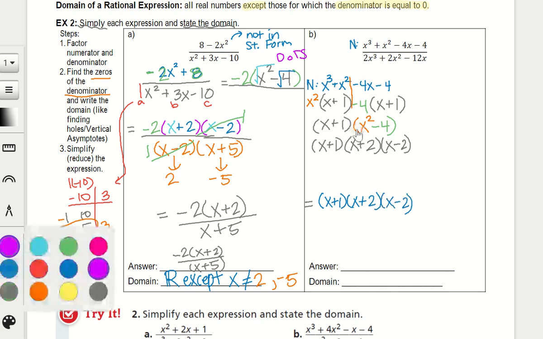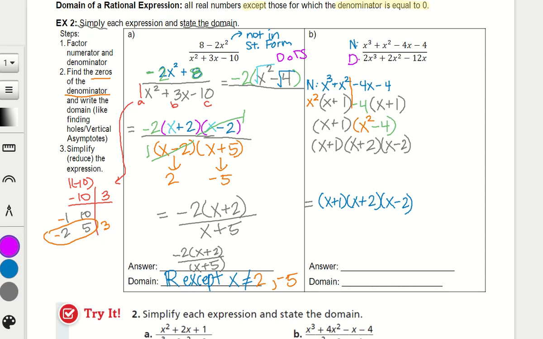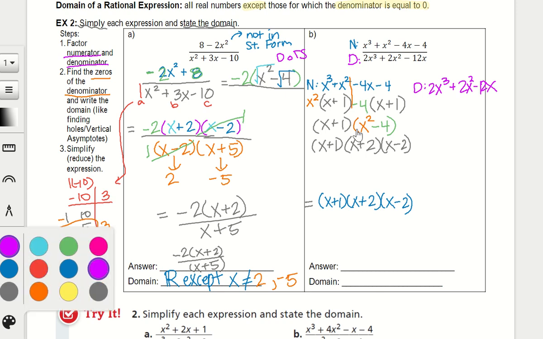Then I need to factor my denominator. Okay, so I factored my numerator. Now I'm going to factor my denominator. So in this one, I have 2x cubed plus 2x squared minus 12x. So there's 3 terms, so I'm going to do a product sum at some point.